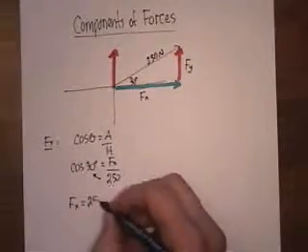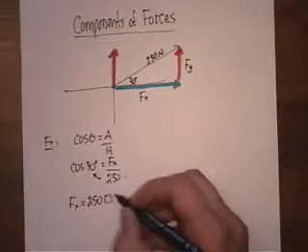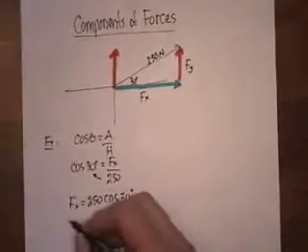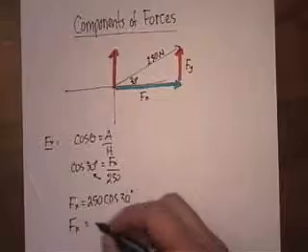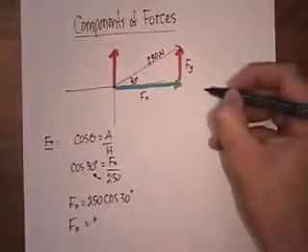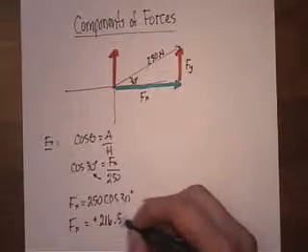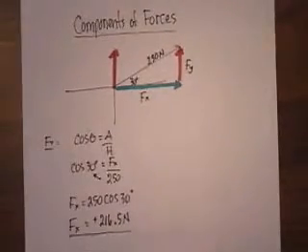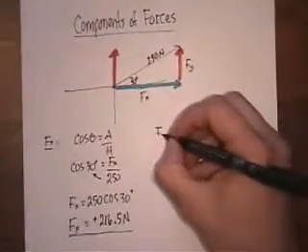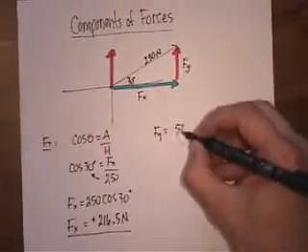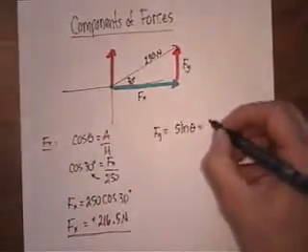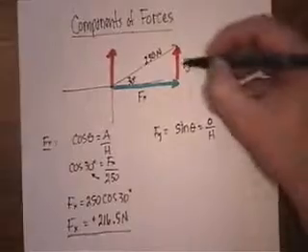I'm going to get 250 cosine 30 degrees. So my fx will end up equaling positive, because it's to the right, 216.5 newtons.